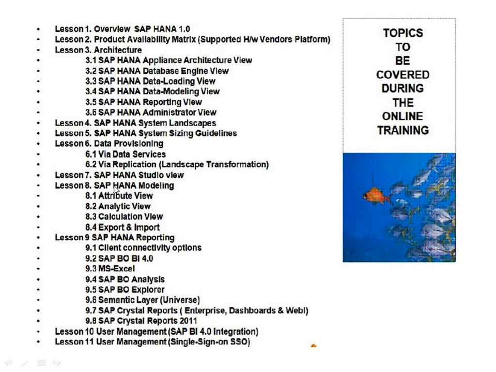The attribute view is similar to a dimension, the analytic view is similar to a star schema model like the InfoCube, and then you have the calculation view, basically the multi-provider, where little complicated joins are defined. The export and import are basically to move your objects from one landscape to the other, or just take a backup of the entire thing.